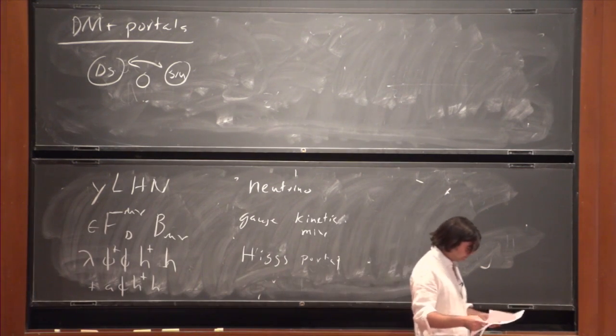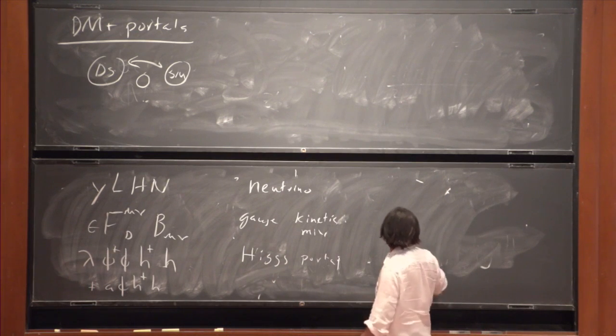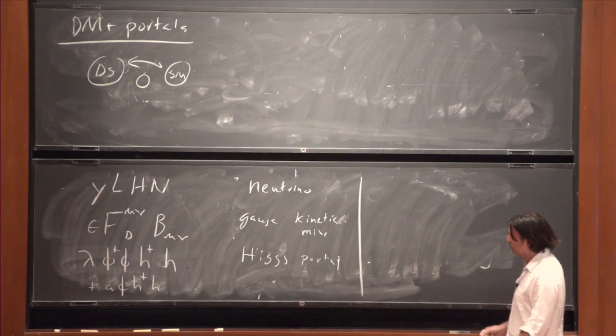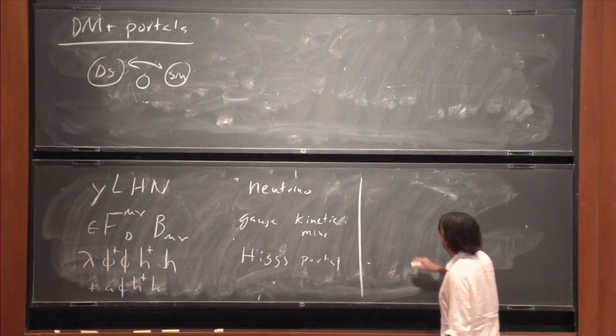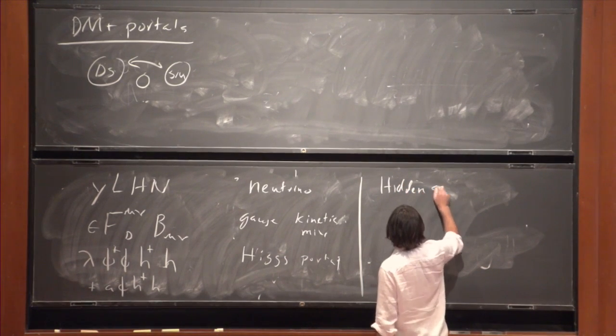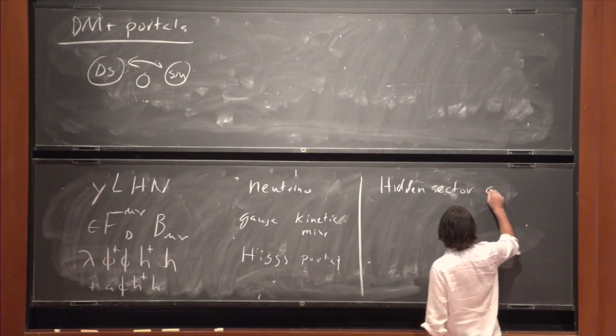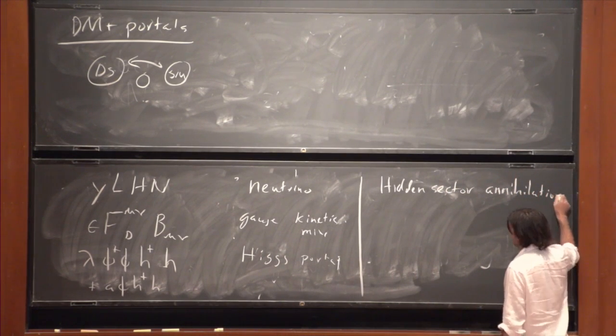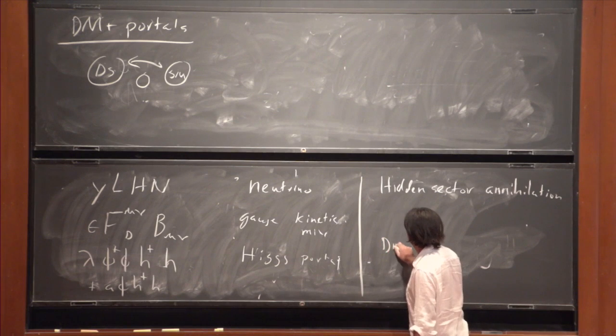So there are two different scenarios that people typically talk about for thermal models via portals. You have hidden sector annihilation, and you have direct annihilation.